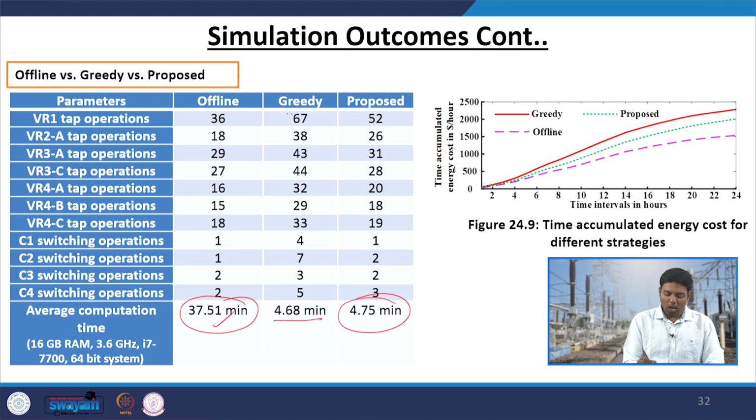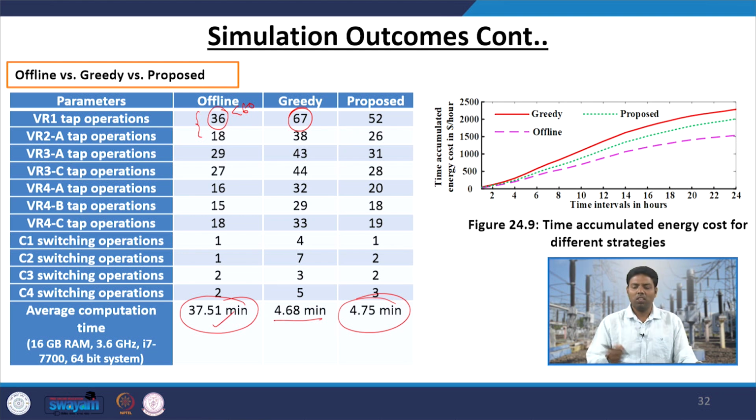But if you see the operation of the voltage regulators, for offline obviously that is less than 60, but for greedy, as we are not considering it, multiple times it is doing the tap changing operation. So it has exceeded 60. That is not good, that is not obeying our long term benefit. But the new time decoupled method is keeping that lesser than 60.